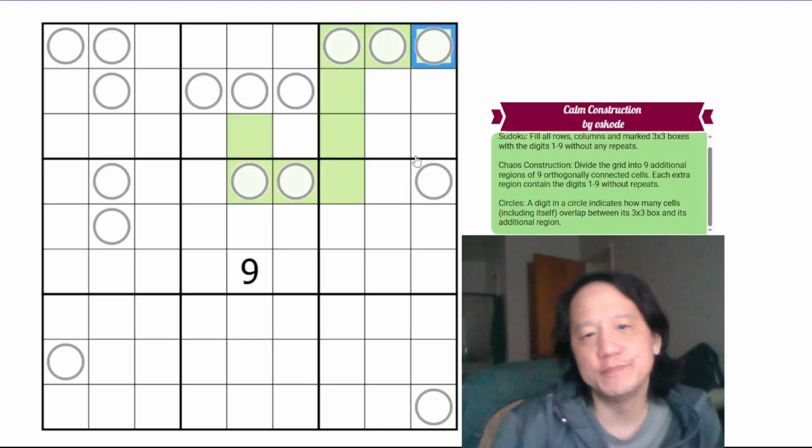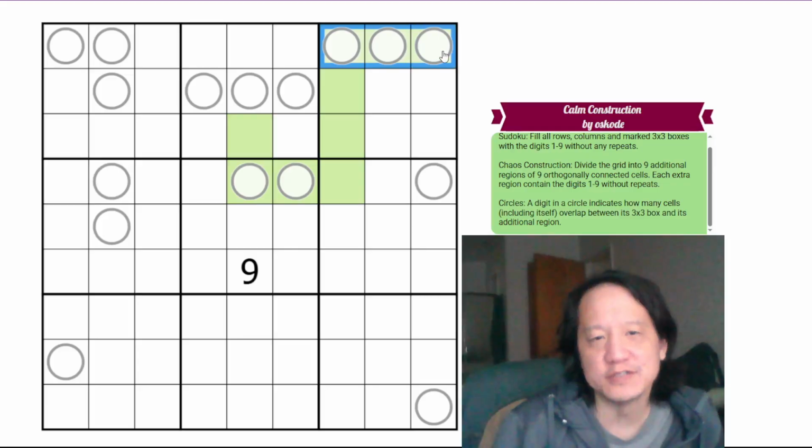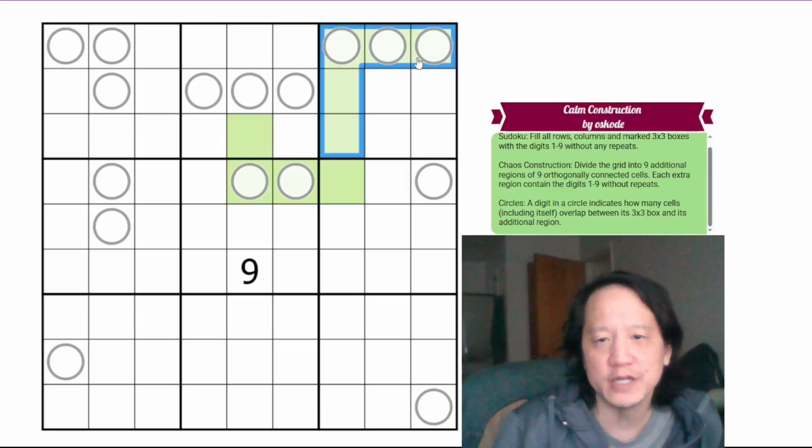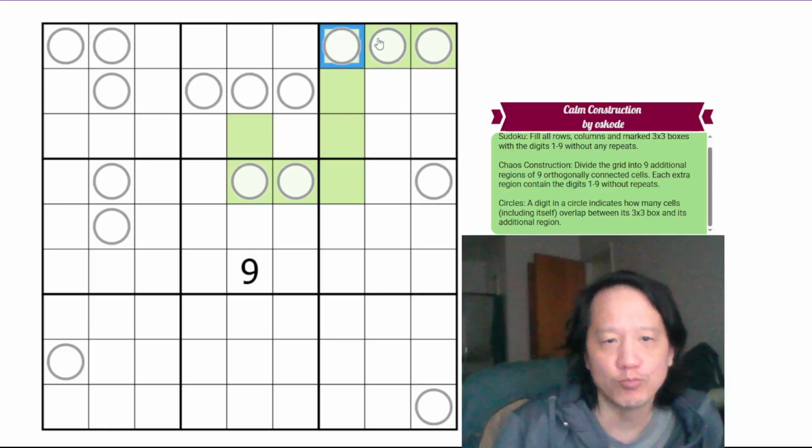Then all 3 of these cells would have to be 5, because the overlap between the additional region each of these circles is in, plus the 3x3 box that the circle is in, would have to be 5, because we have 5 cells which are in their region with the circle and in the 3x3 box that the circle is in. So that should tell you something. These would be 2, right?